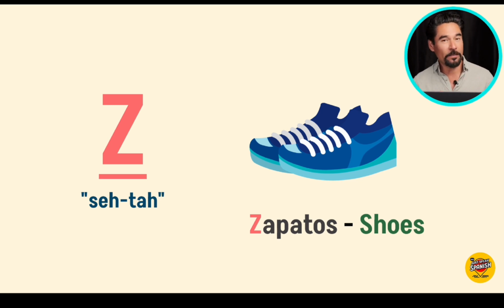Where if you live in Spain, or you're learning Spanish from Spain, you would say zapatos with the lisp in your tongue. If you say zapatos to a Spanish person, they will understand you, but it's not the Spanish pronunciation. So if you're learning Spanish for Spain, then you would say it with the lisp.